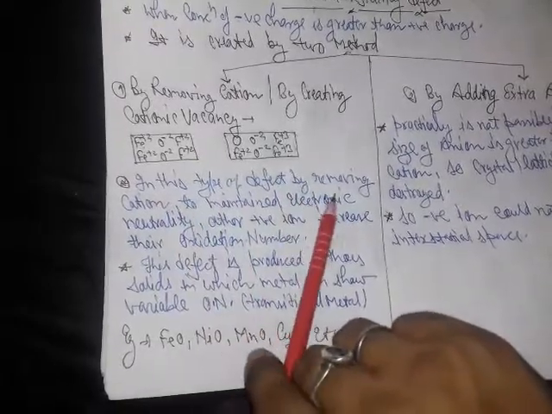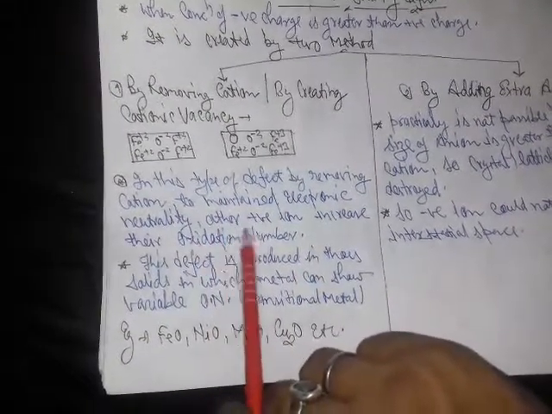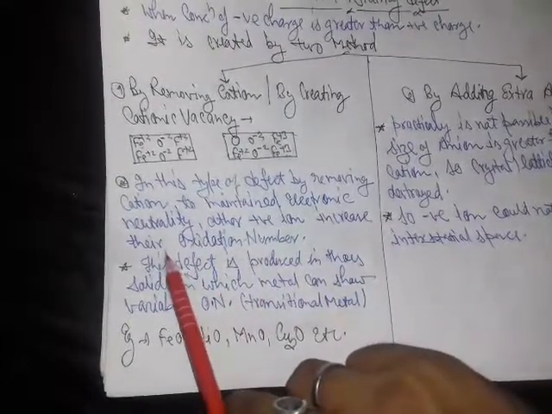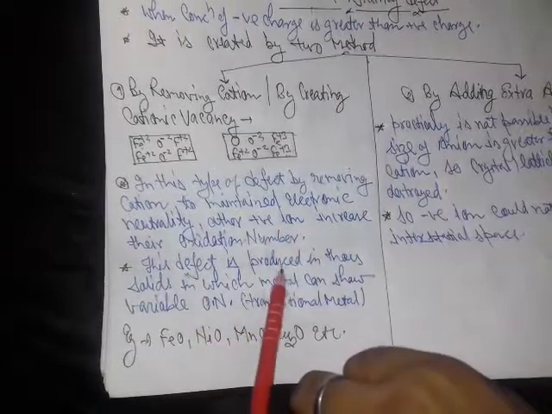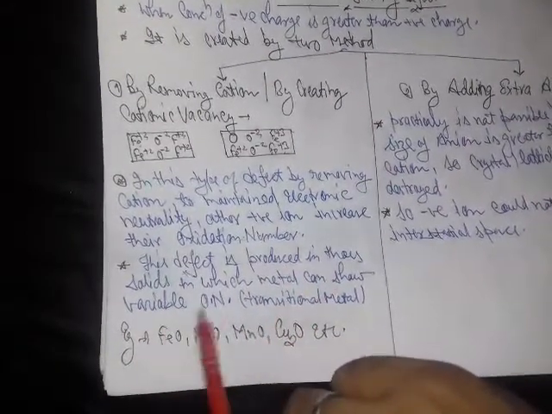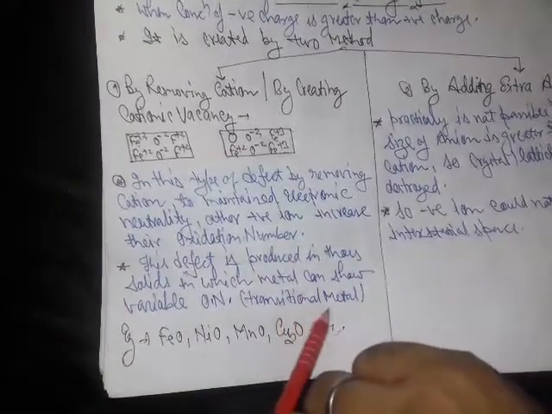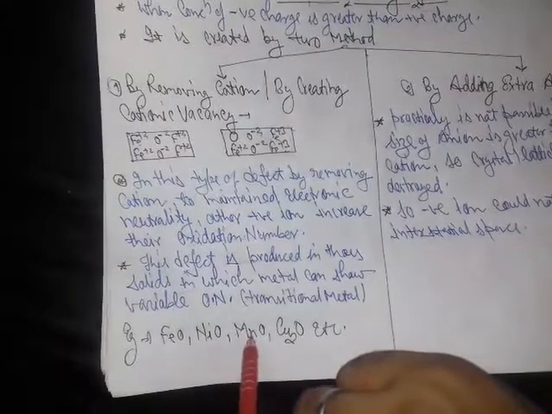In this type of defect, by removing a cation to maintain electrical neutrality, other positive ions increase their oxidation number, and this type of defect is produced in those solids in which the metal can show variable oxidation number. That means transition metals, for example iron oxide, nickel oxide, manganese oxide, cuprous oxide, etc.